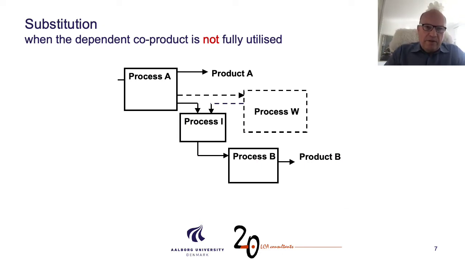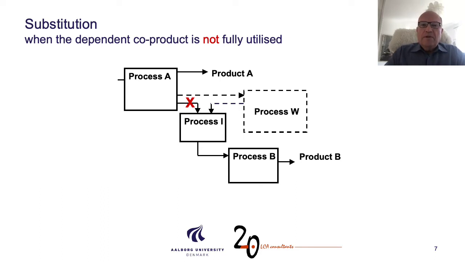The second situation is when the dependent coproduct is not fully utilized. In that case, an additional amount of demand for product A will produce an additional amount of output that goes to waste. So even though some of that output may be processed into a byproduct that can be used in product B, since it's not fully utilized, an extra amount will be going to the process W, the waste treatment.